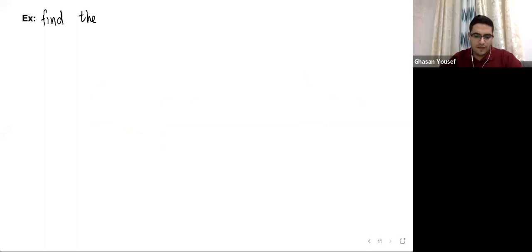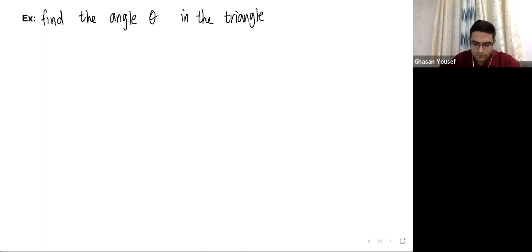So find the angle. Here, find the angle theta. This angle is theta, in the triangle shown in the picture.